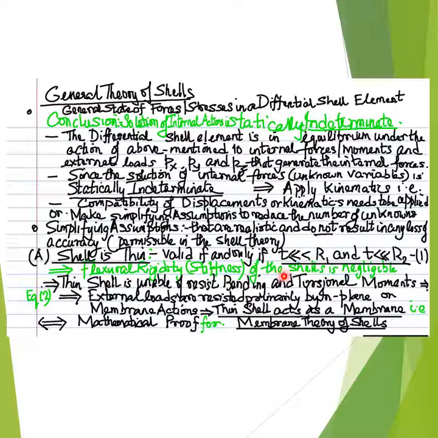For example, a sheet of paper is a practical instance or physical example of a thin shell.